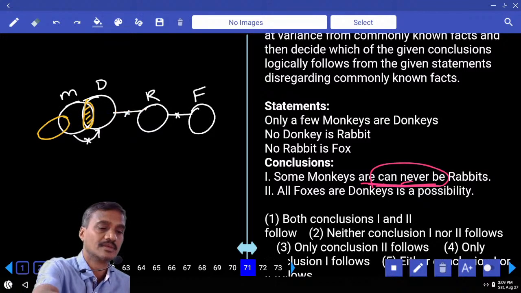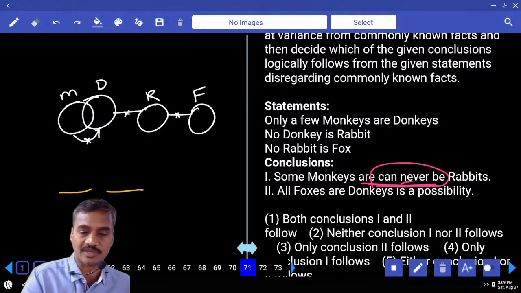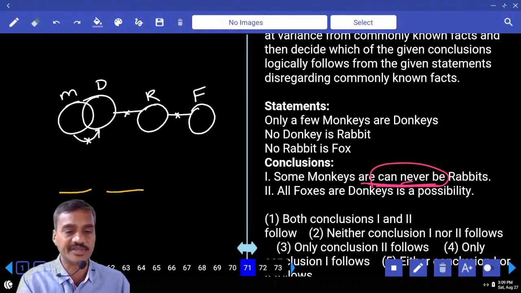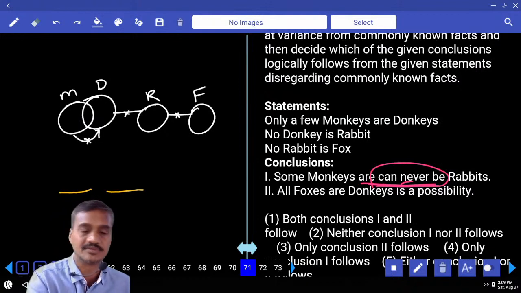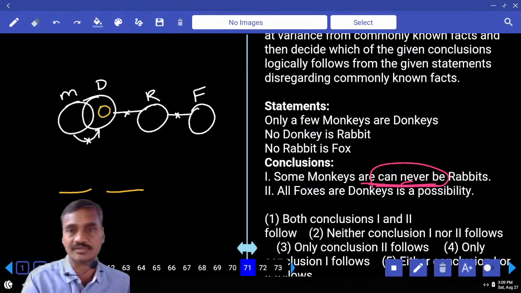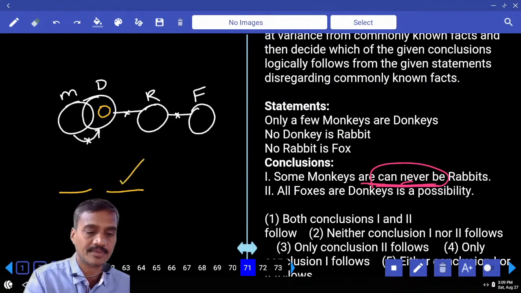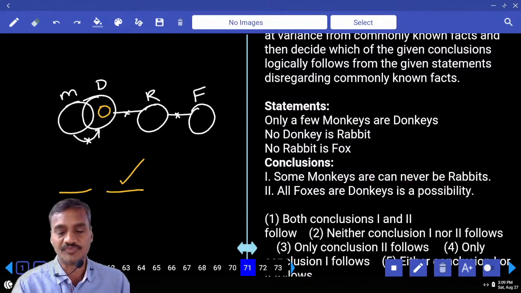వస్తున్నా మళ్ళీ. Now coming to the second one, all foxes are donkeys is a possibility. అవుతుందా లేదా? Yes, all foxes are donkeys అన్నాడు. ఇదైతే ట్రూ అయిపోయింది. Then coming to the first one, ఫస్ట్ ఏమన్నాడు చెప్పండి?